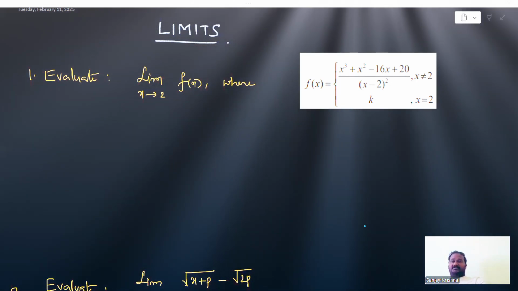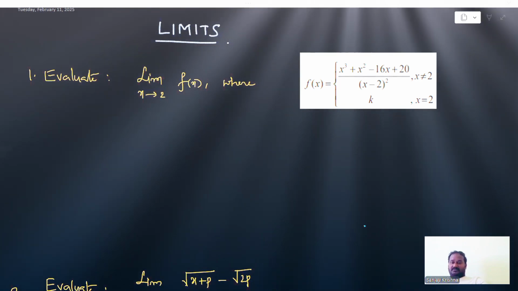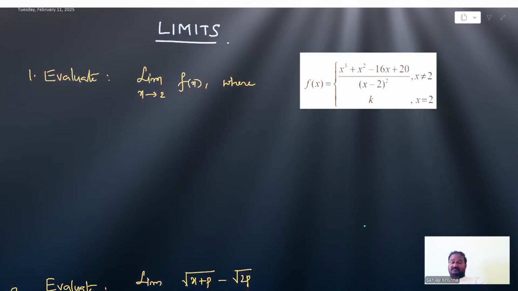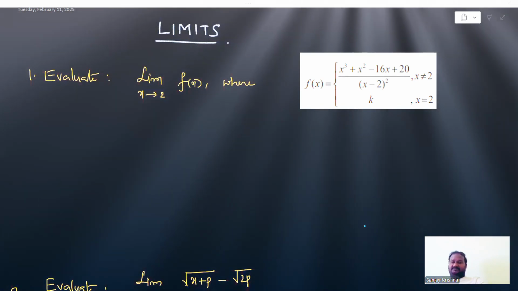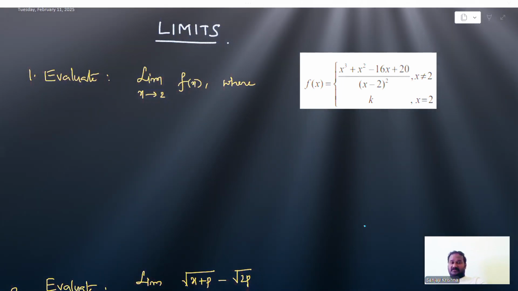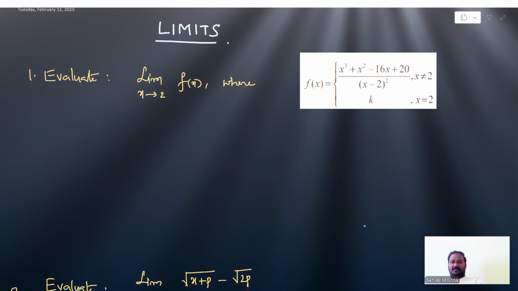So in order to understand the concepts of grade 12, we need to understand limits of functions clearly in grade 11. For that, we have a set of important problems given in this module, so we are going to discuss them. All right.